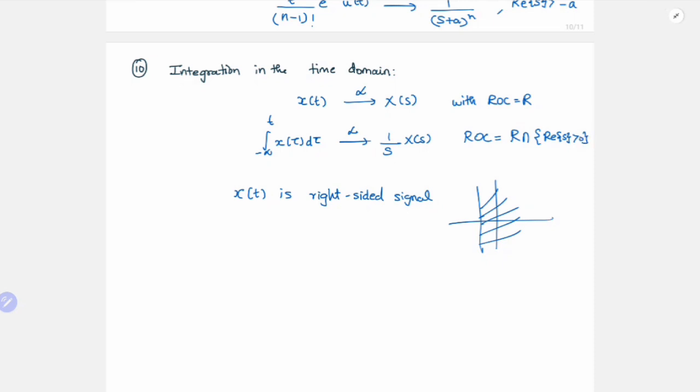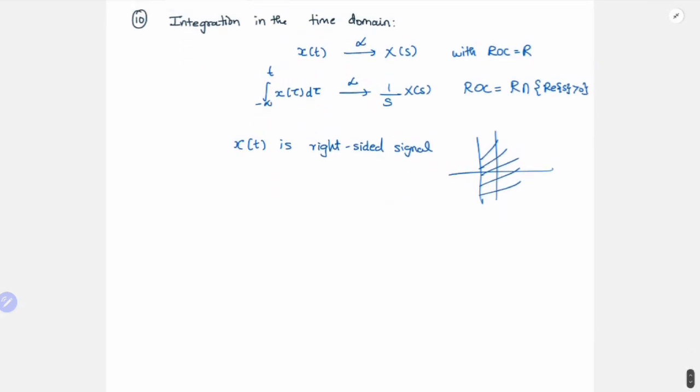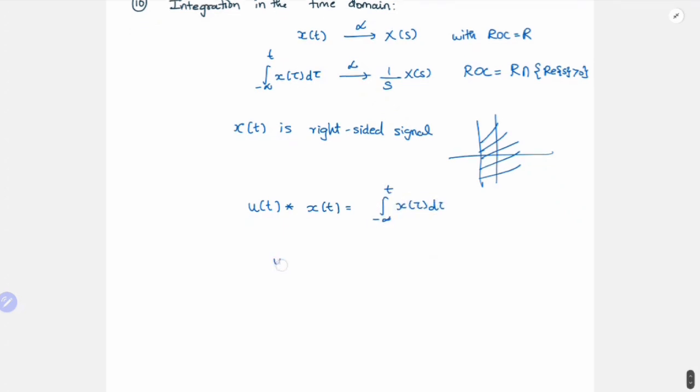Okay. As another derivation, you can also see u of t convolved with x of t is nothing but this integration. And u of t has a Laplace transform 1 by s. It is just e power minus a t u of t with a equal to 0, if you recall, right? Its region of convergence is real of s greater than minus a.